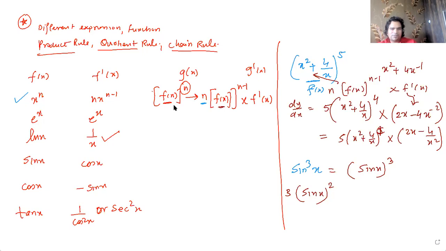I didn't touch this f(x) at all in the first step, times the derivative of sine x, which is cos x, the derivative of f(x). So this is the derivative of the sine cube x function.